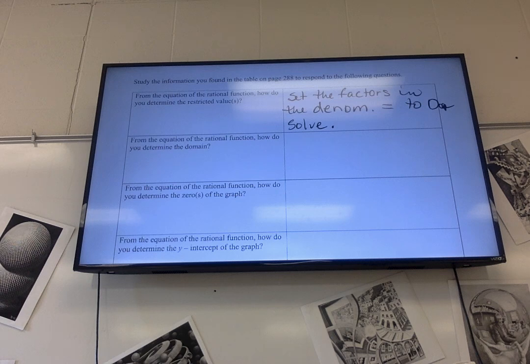How do you determine the domain? Well, the domain is -infinity to infinity, except for the restricted values you just found on the first one, where the denominator equals 0, and the bottom equals 0.